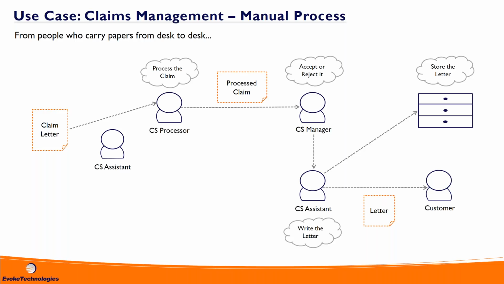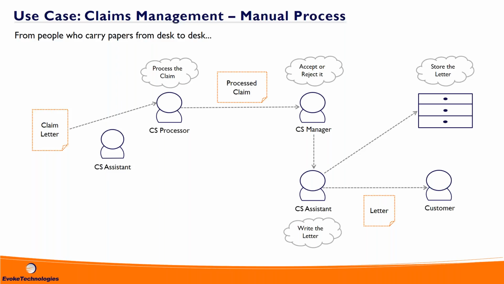As you see on the screen, this is a simple flow diagram that we have presented, which is a manual process that has been going on for several years as to how this process actually gets done in various organizations. Simply a claim letter would be raised in order to start the process, some kind of paperwork, and then there would be a customer service assistant who takes it up and then passes it on to a processor.